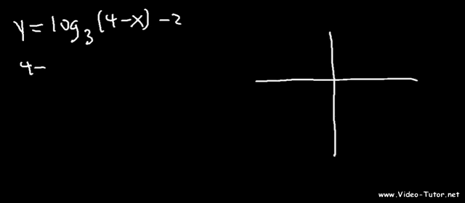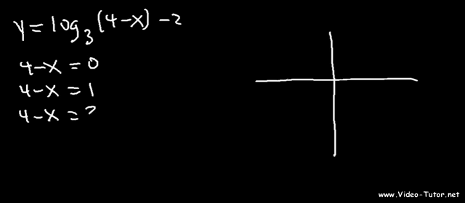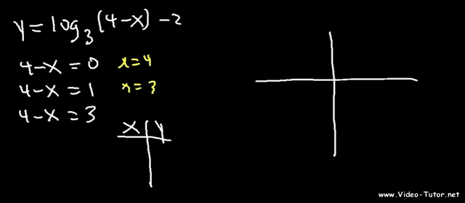Let's set the inside part, 4 minus x, equal to 0, 1, and the base, which in this case is 3. And let's make the table. For this one, x is 4, which is the vertical asymptote. 4 minus 3 is 1, so x is 3. And then 4 minus 1 is 3, so x is 1.